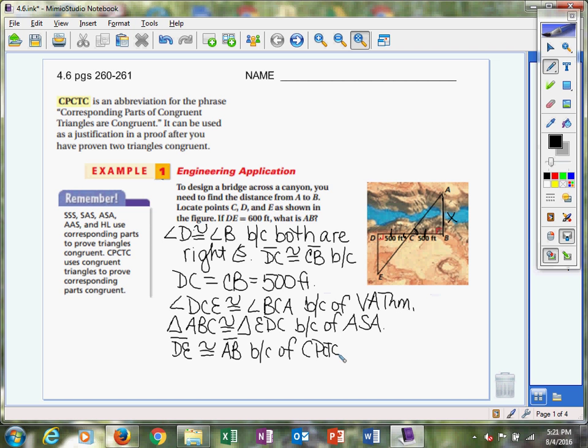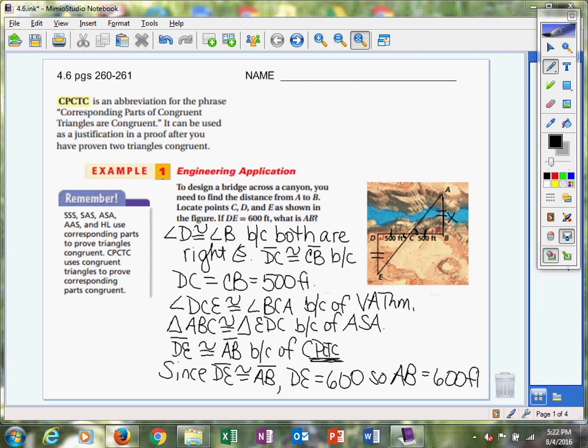They just made up a word because it's hard to say those letters really fast. So this is where you insert CPCTC: the triangles are already congruent, so other parts of the triangle are also congruent. And so this is what we're showing, that these must be congruent. And so since DE is congruent to AB, DE equals 600 feet, so AB equals 600 feet.